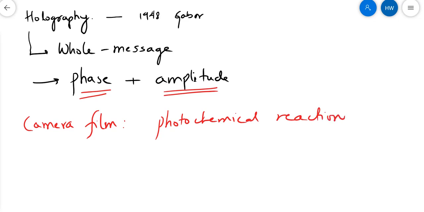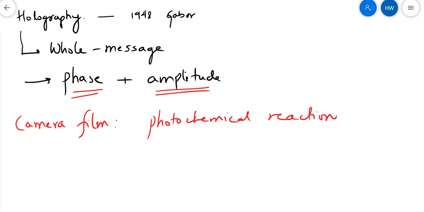You have silver halide crystals distributed in a medium across a thin layer, and in the presence of light a photochemical reaction happens, and when you process the film you release these silver ions.